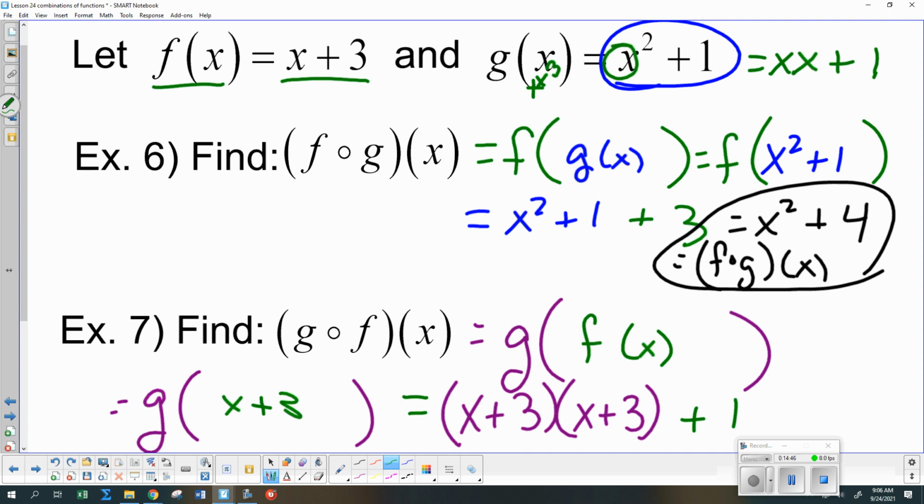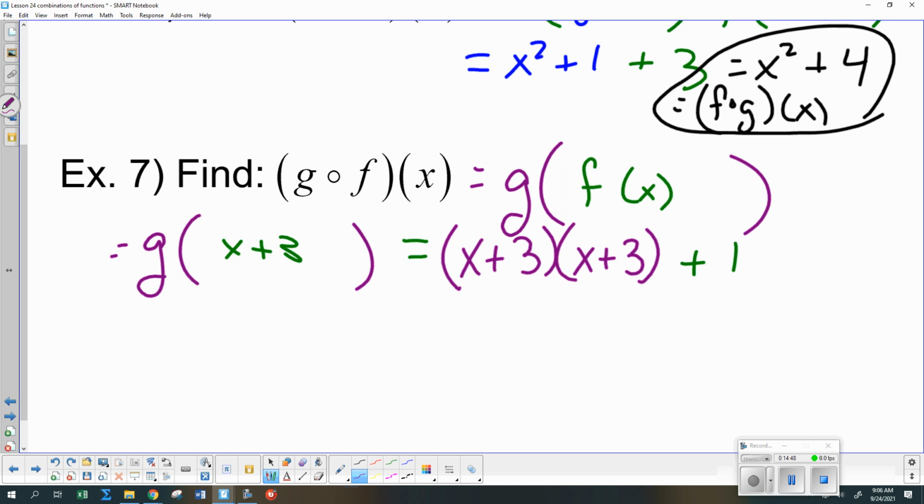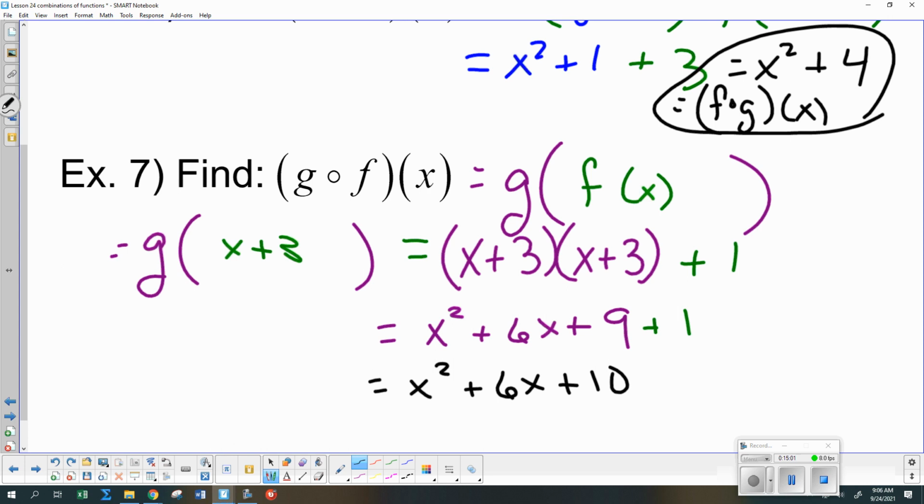So then I just FOIL this, and I have x squared plus 6x plus 9 plus this other one. So I have x squared plus 6x plus 10 is my new rule for g of f of x.